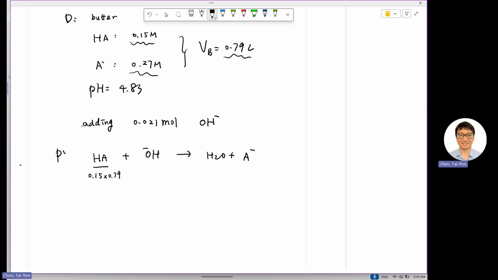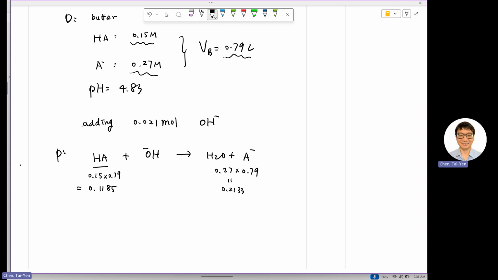For A minus, it is 0.27 times 0.79. That's how many moles you have. If you do that calculation, this gives you 0.1185 and this gives you 0.2133 moles.